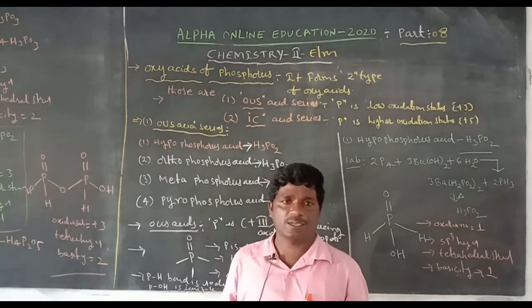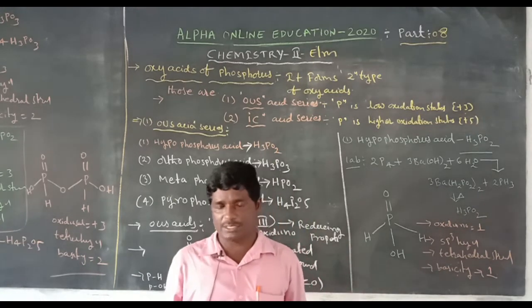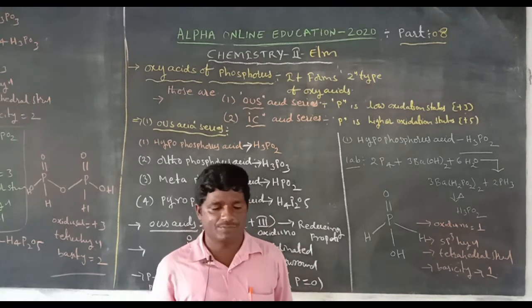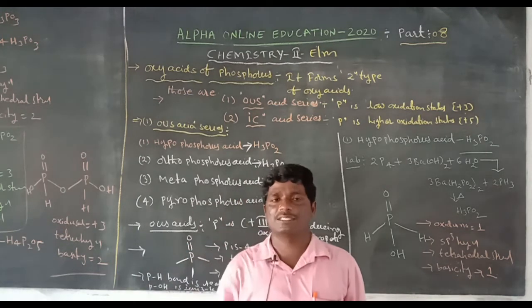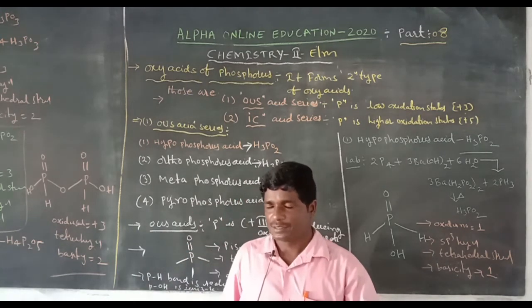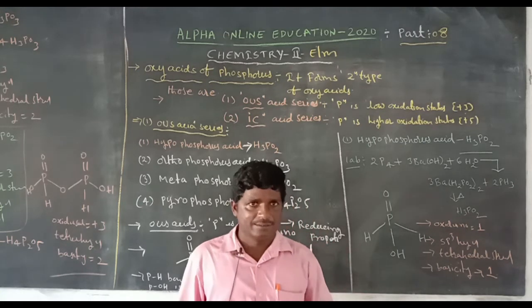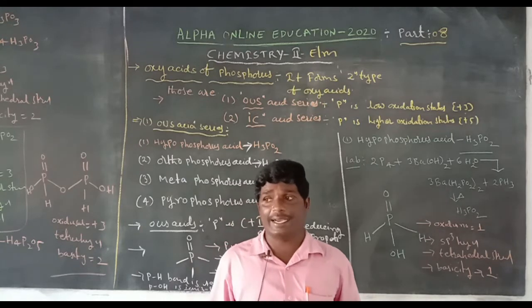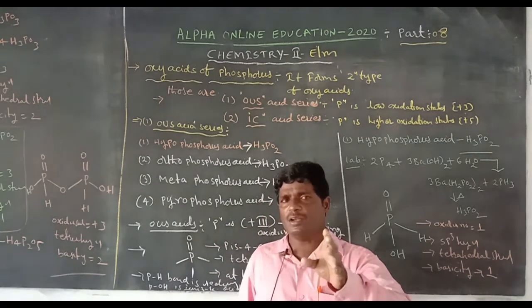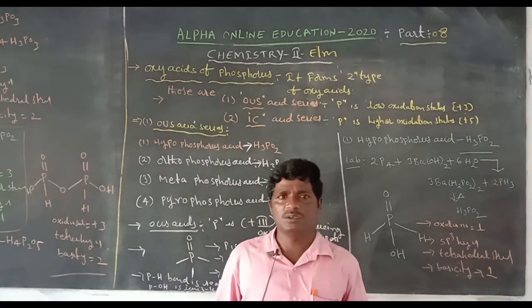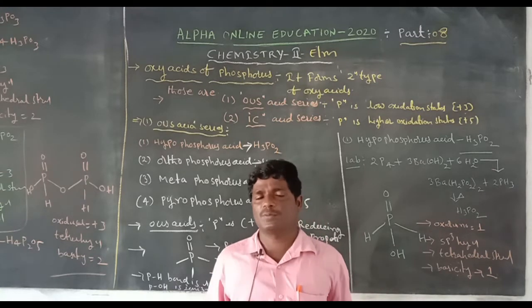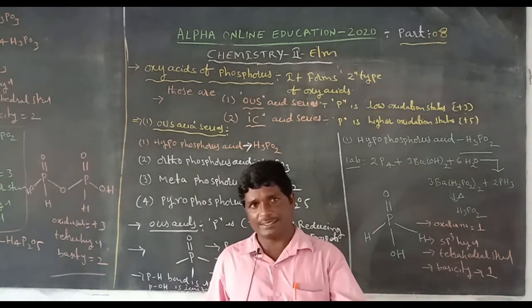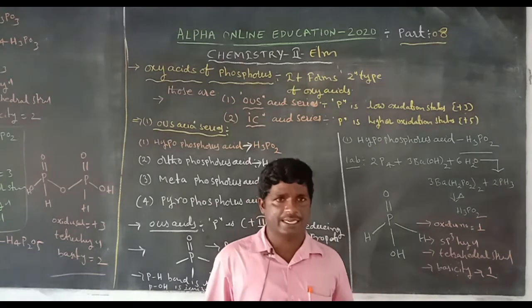The first one is phosphorus trioxide, P4O6, and the second one is P4O10, also known as phosphorus pentoxide. Those phosphorus oxides dissolve in water to form phosphorus oxyacids, the ous acid series or ic acid series.